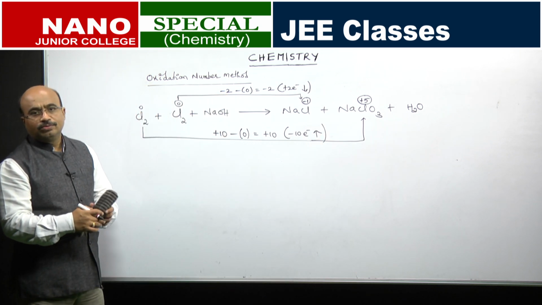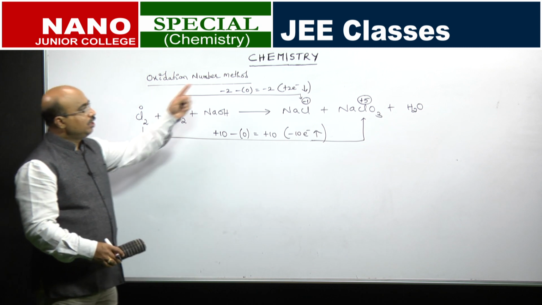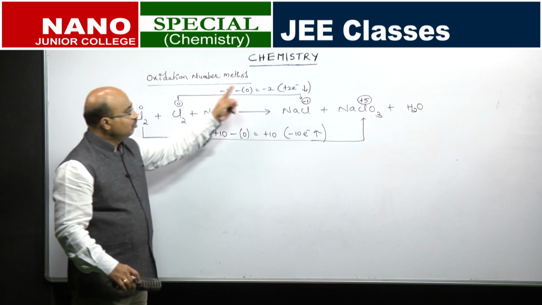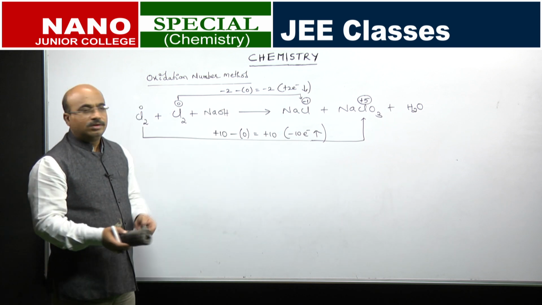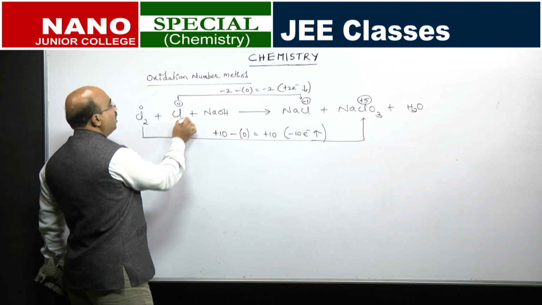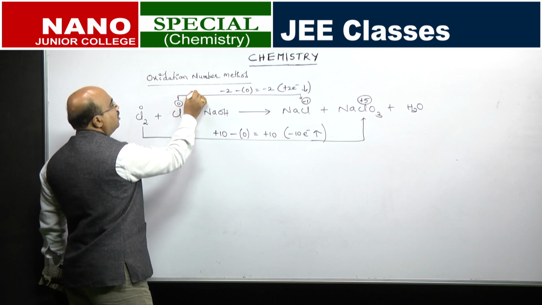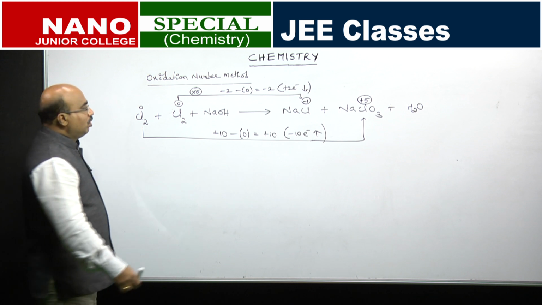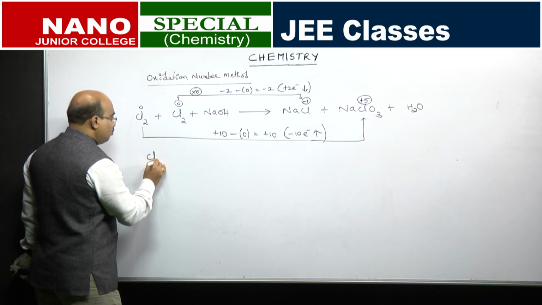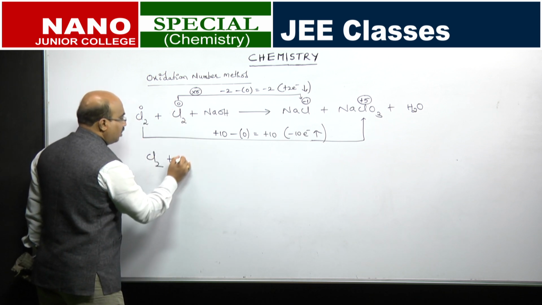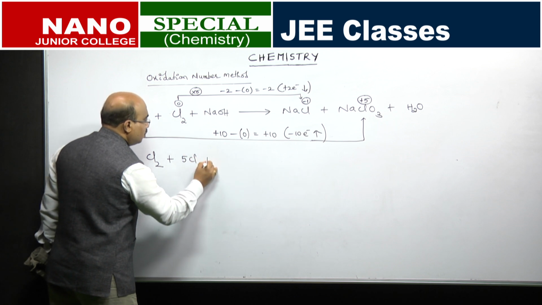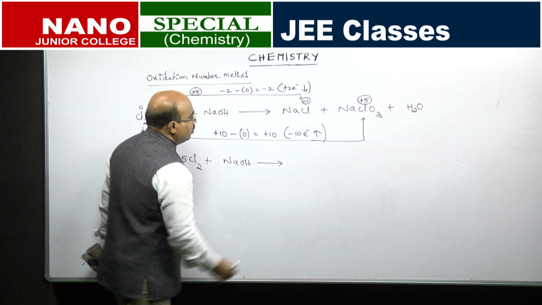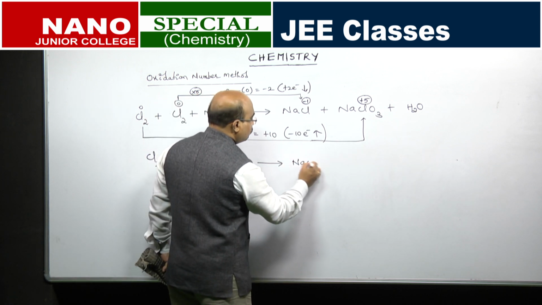So, what do I have to do? Make these two equal. So, -2 plus 10. How to make it equal? You only take 5 times. So, multiply this with 5. So, now write down Cl2 as 5 Cl2 now plus NaOH, this is NaCl.